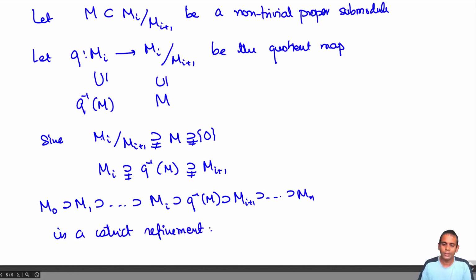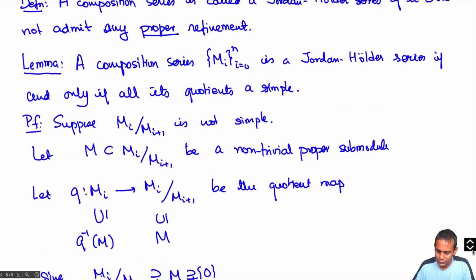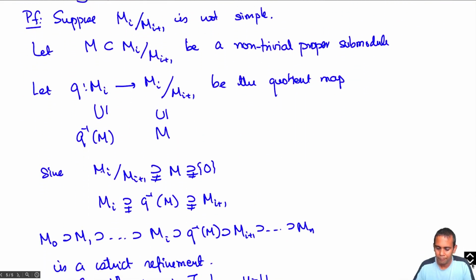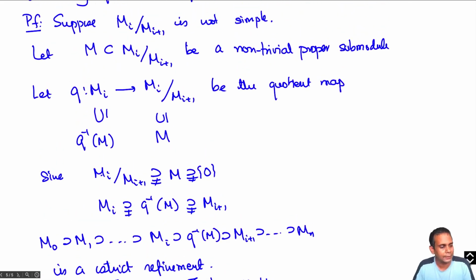Which means that the original series was not Jordan-Holder. So that proves one way. It proves that if the series is Jordan-Holder, then every quotient is simple.